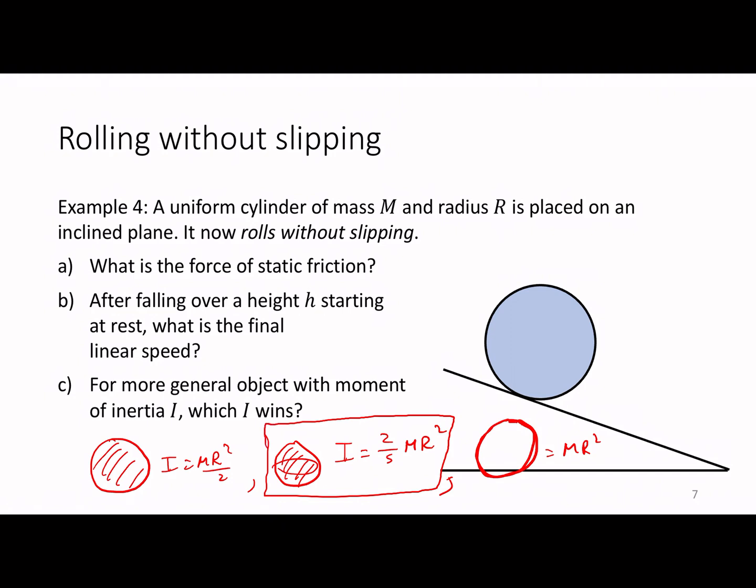Why is that? Well, let's think back to our intuition about the yo-yo. The yo-yo was going slower at the bottom because some of its energy was trapped in rotational motion. And if you think about the kinetic energy of rotation, that's just 1/2 I omega squared. So bigger I means that more of our energy is going into K rotational, and less of it is going into K translational.